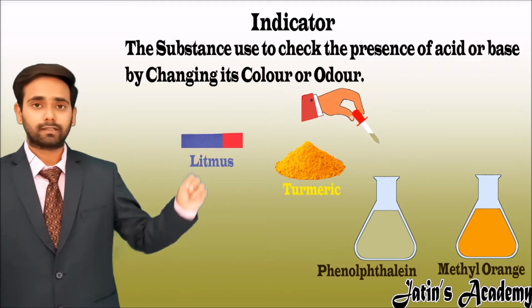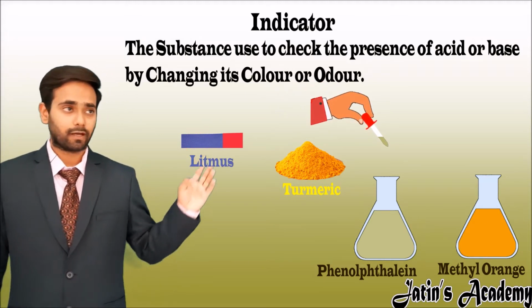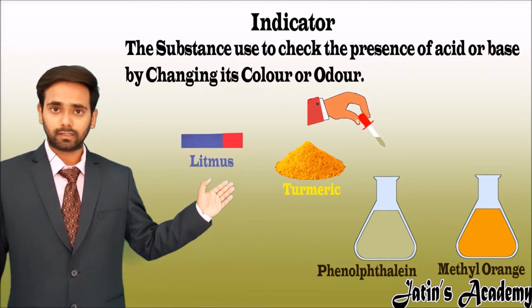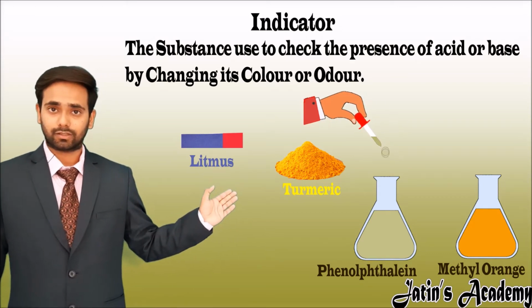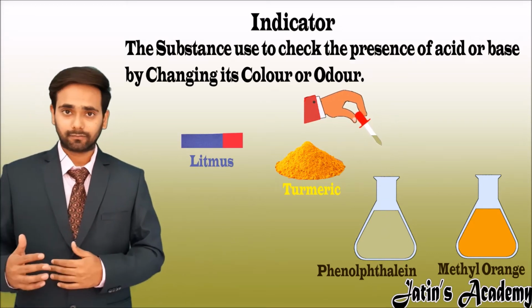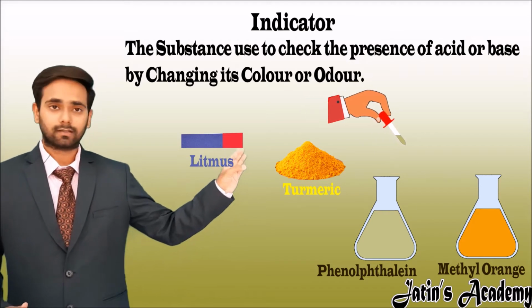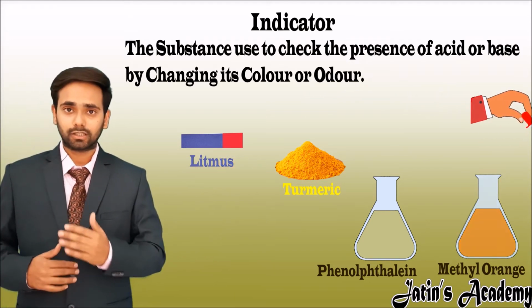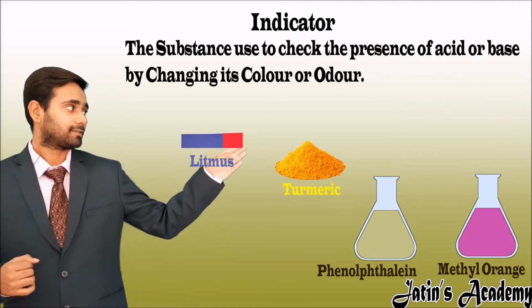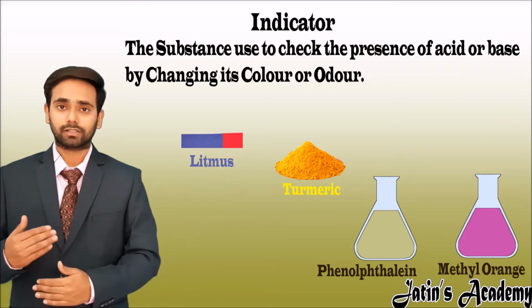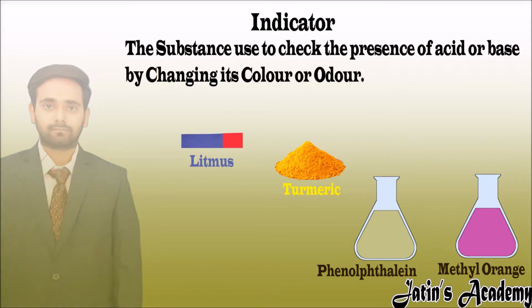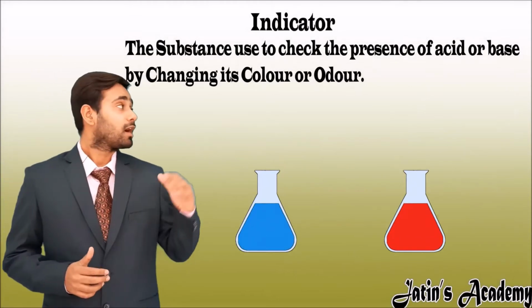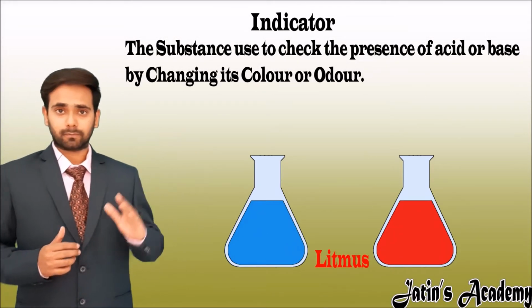On the other side, among synthetic indicators, we have phenolphthalein. Phenolphthalein is colorless in nature and on mixing with acid, it remains colorless. And methyl orange, orange in color, becomes pinkish on mixing with acid. Further, in the laboratory, a litmus solution is prepared.